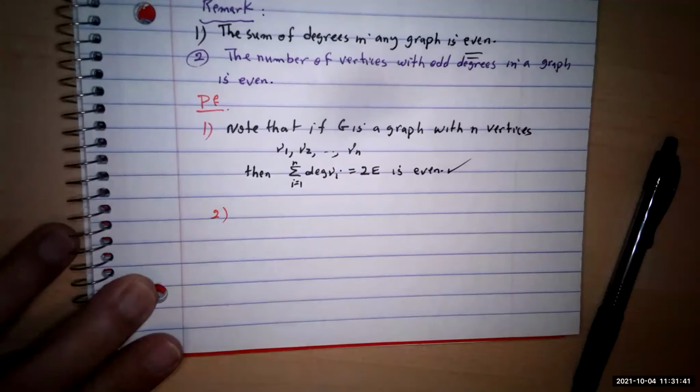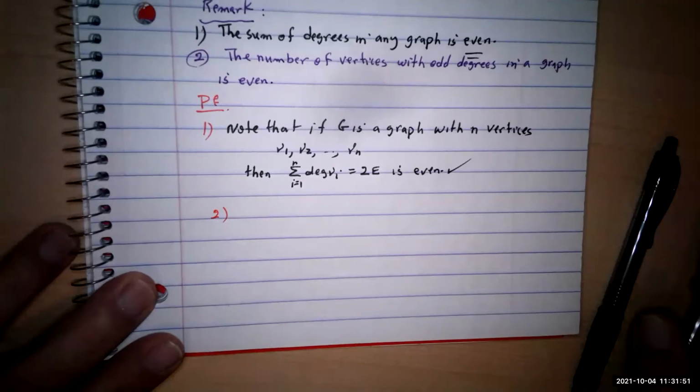Now, how are we going to prove the second one? We are going to divide the vertices in two parts, the ones with odd degrees and the ones with even degrees.